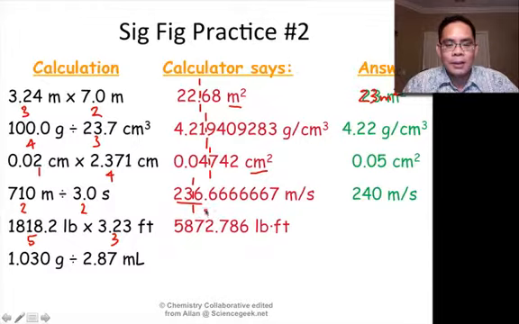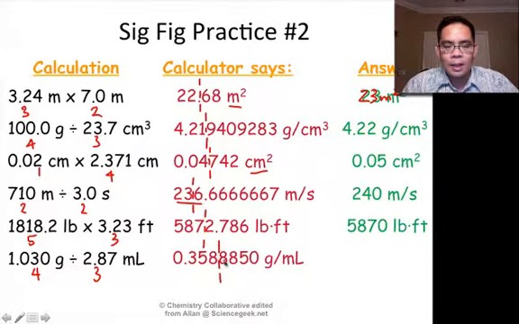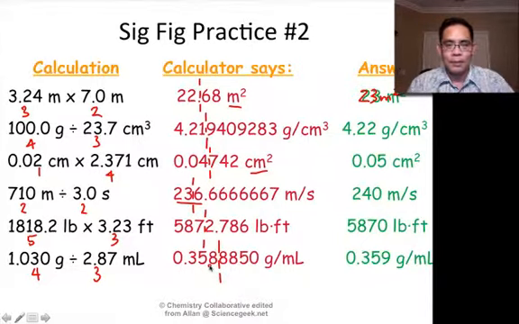So that means I have to cut off right here. That 2 doesn't round up. You get 5,870 pound-feet. And then last but not least, when you plug that into the calculator, you get 0.358850. This has 4 sig figs. This has 3. That means I cut off right here. That 8 makes that into a 9, so 0.359 grams per milliliter.